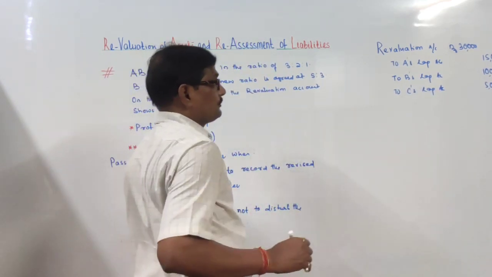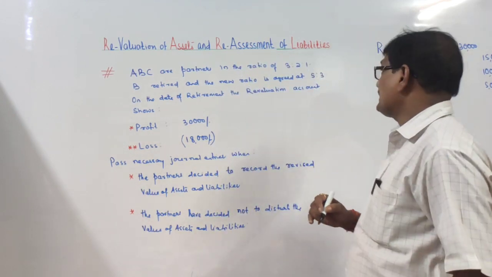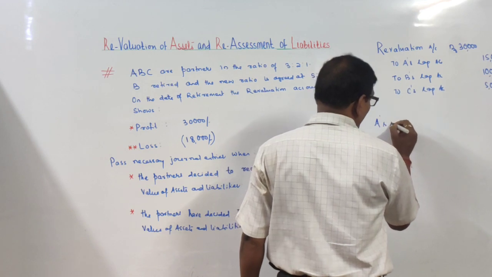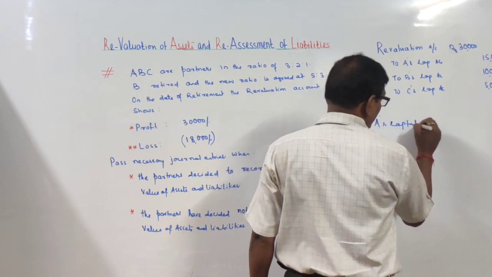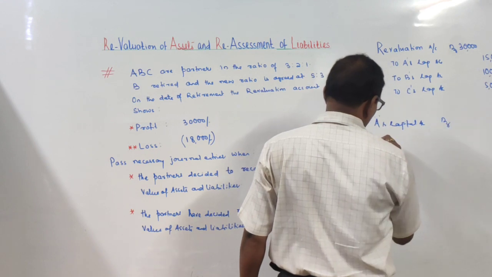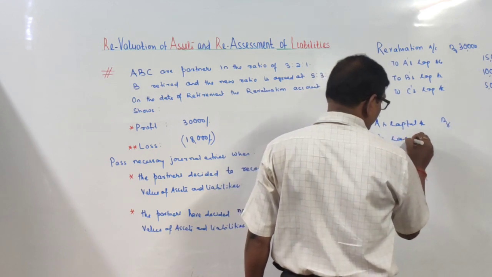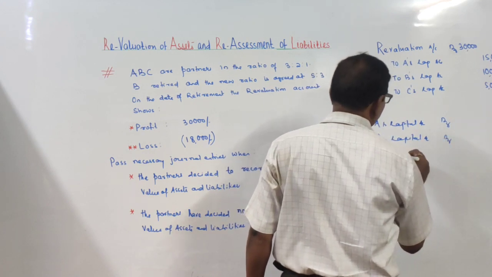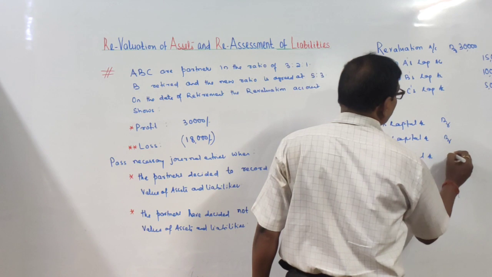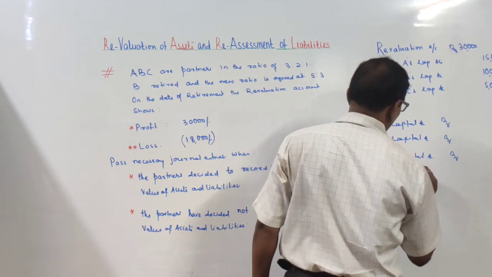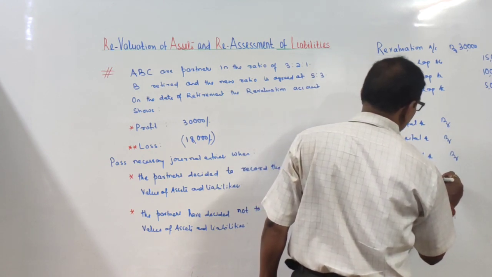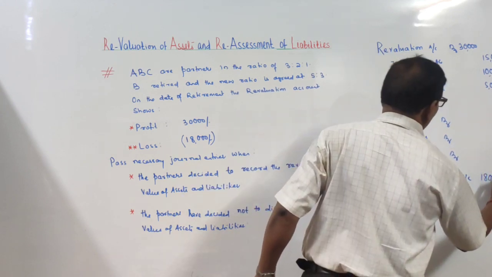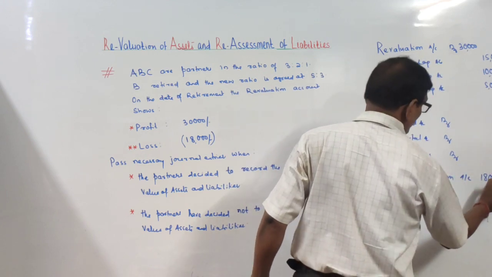But in case of loss, what will happen? In case of loss, just the entry will be reversed, and the entry will be A's capital account debited, B's capital account debited, C's capital account debited to revaluation account, and that 18,000 rupees will be distributed in the ratio 3:2:1.